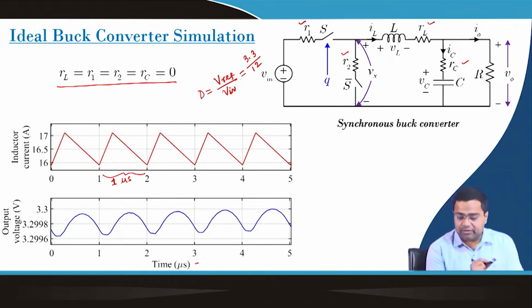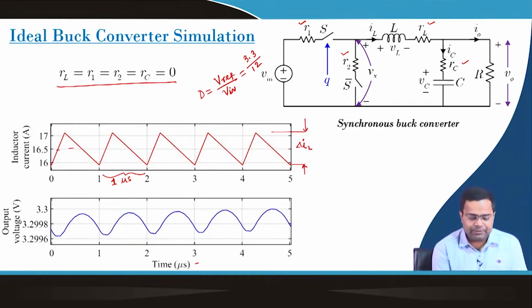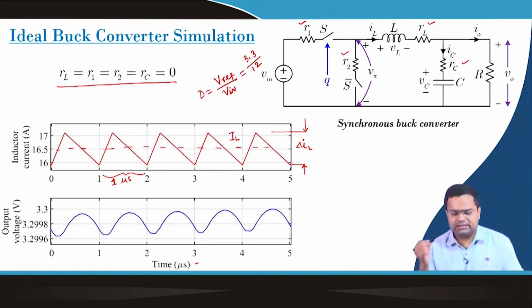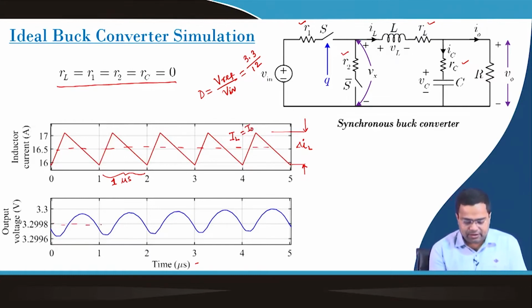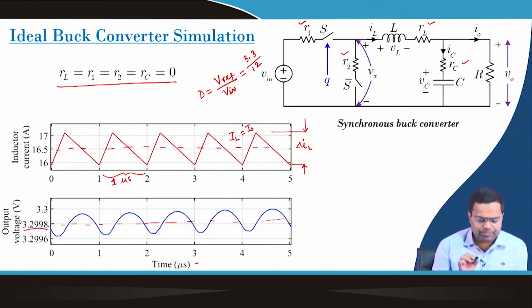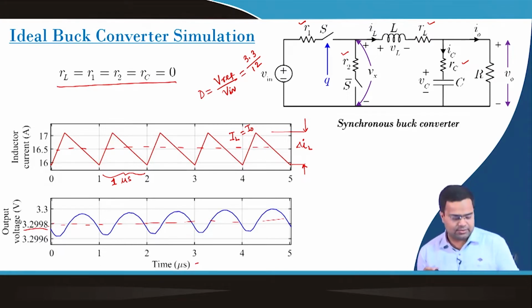Now, what you can see here is my inductor ripple current, this particular quantity, and if we take the average here, this is my average inductor current, and for this synchronous buck converter it is nothing but the load current. And if we take the average value of the output voltage, it is almost 3.3, about 3.2998.